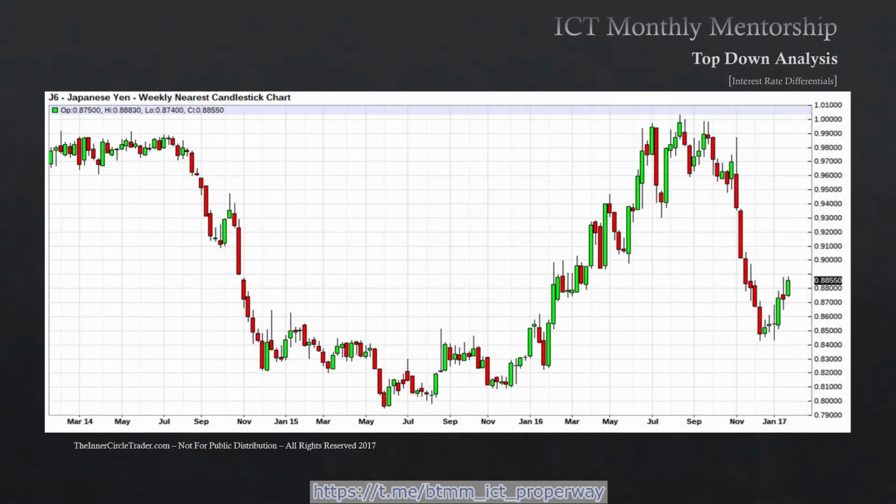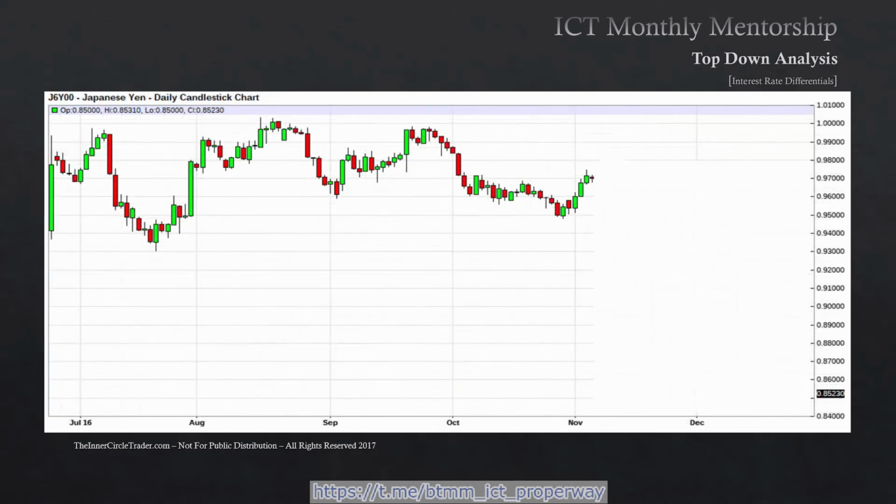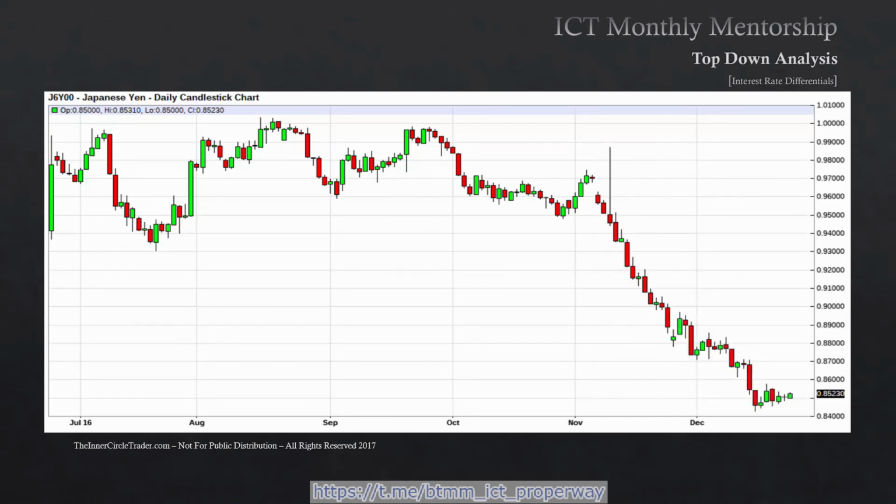As it relates to the cash, you can see the weekly chart here and a bearish order block at the 98.00 level right here. And that would set the stage for a move. And this is the cash price of the Japanese yen. And price trades up into that 98 big figure, and weakness is seen from that point on.